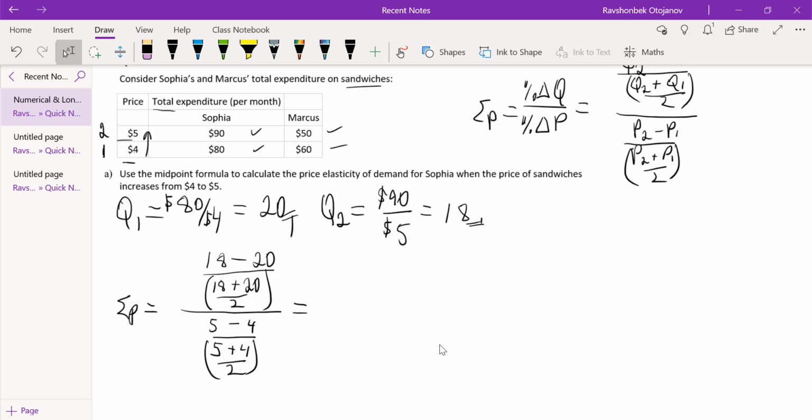That gives us minus 2. In here we have 36, which is then divided by 38 divided by 2, which is 19.